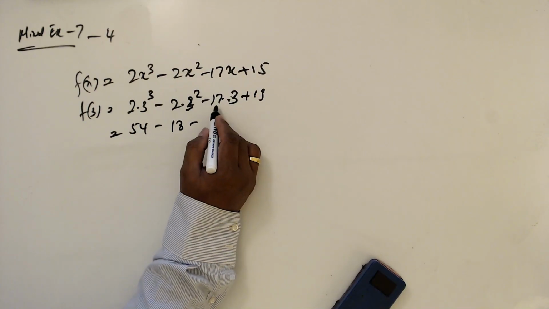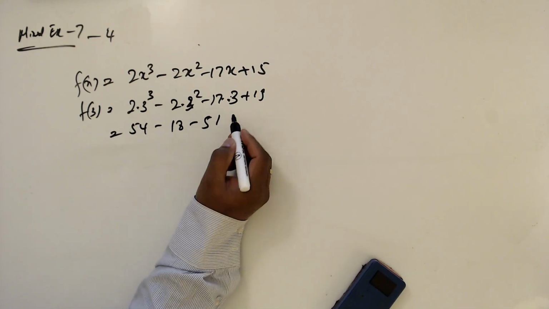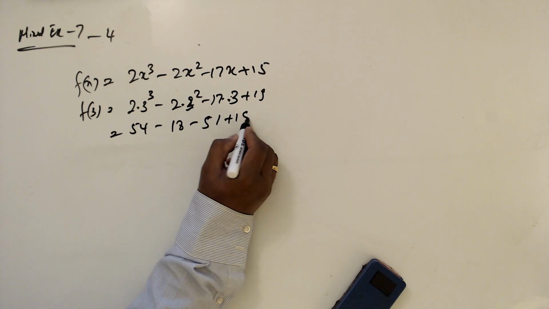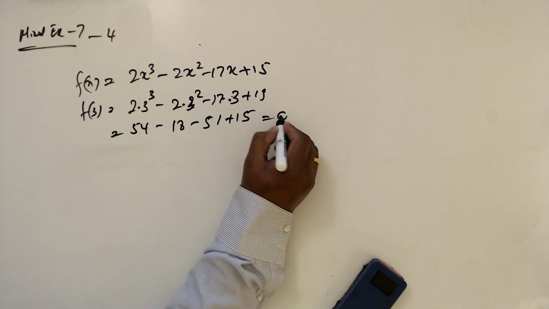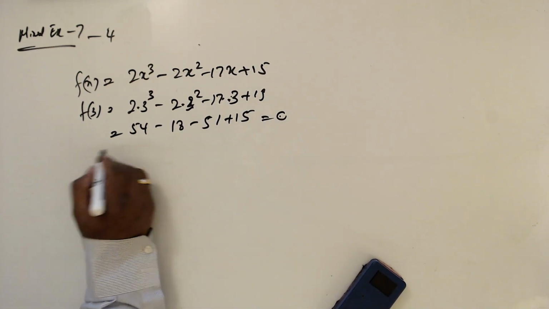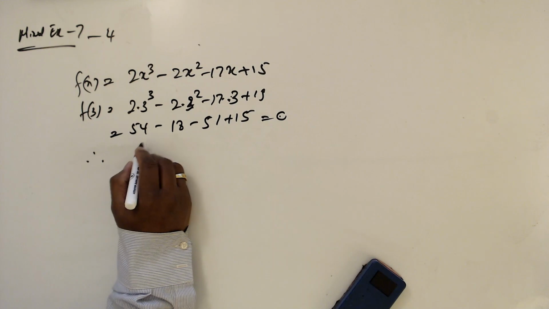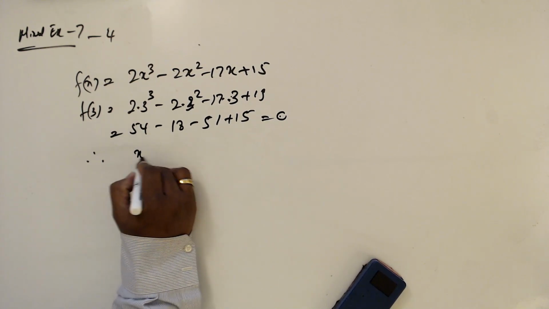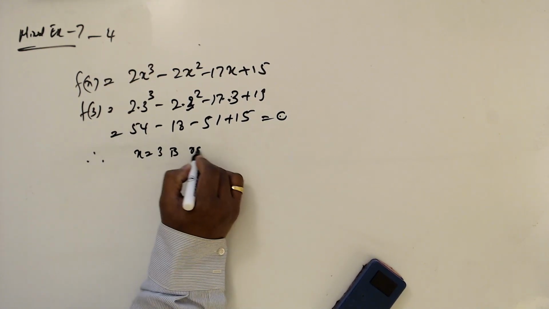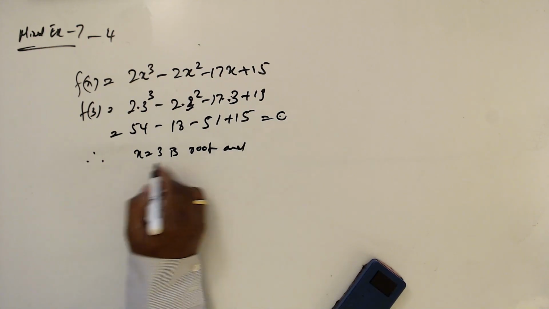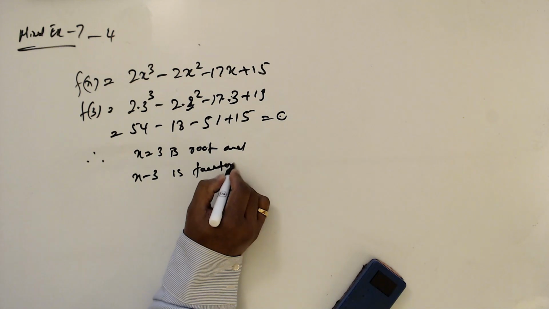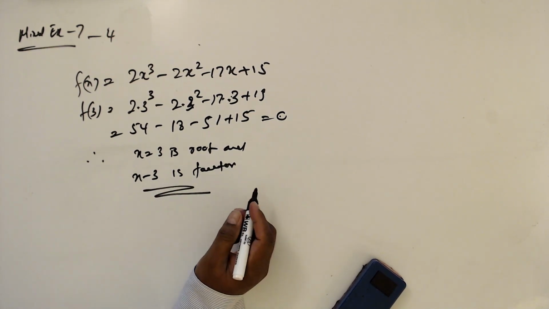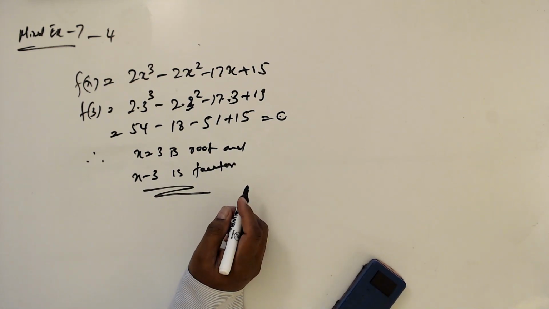This is 51, and plus 15 equals 0. Hence x equals 3 is a root and x minus 3 is a factor. So we have shown that x minus 3 is a factor.